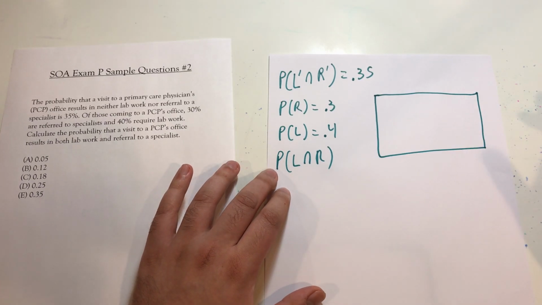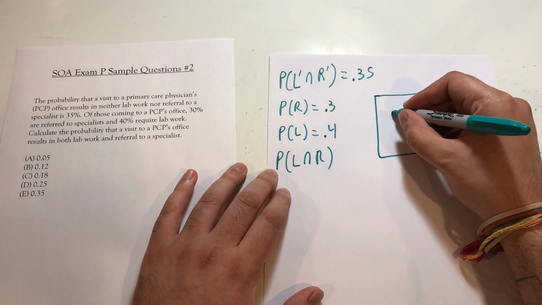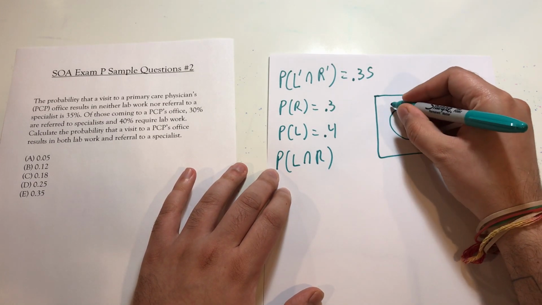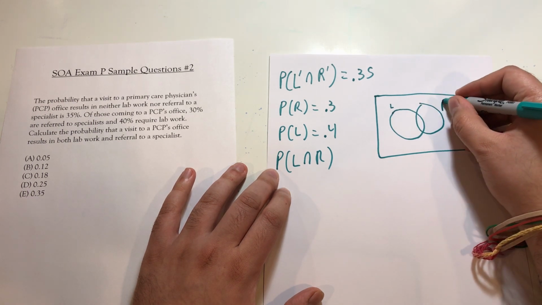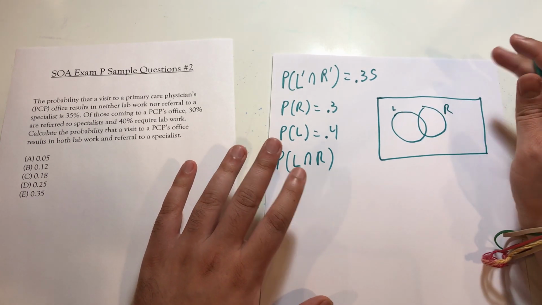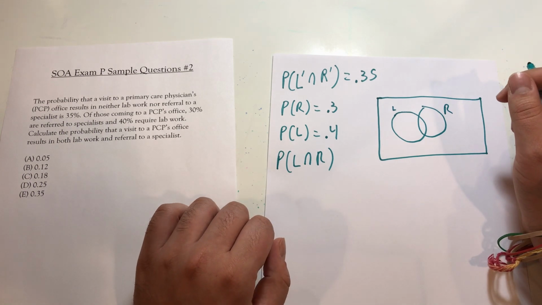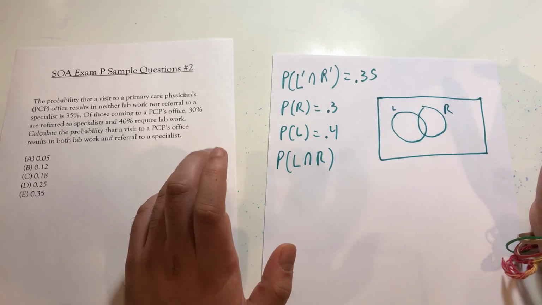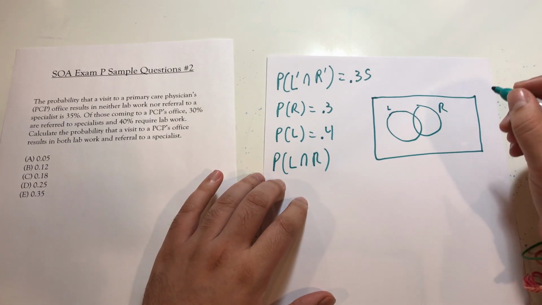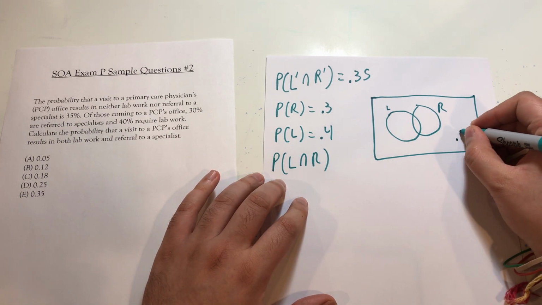This represents my whole sample space. And you either get lab work or you get referred. This is too small a Venn diagram, but should be fine. Now, the probability that you get neither lab work nor a referral is 35%, so that 0.35 goes out here.